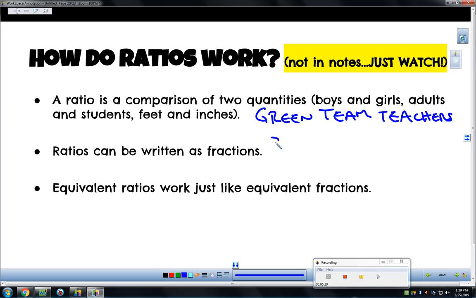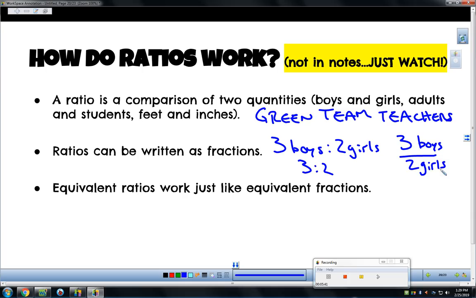There are 3 boys to 2 girls. You can write it like that, so it would be 3 to 2. You can also write it as a fraction, so 3 boys, 2 girls. You could have also flipped it.